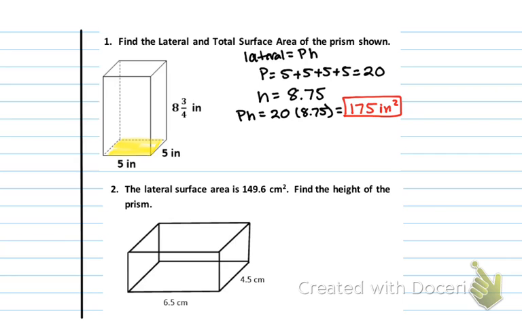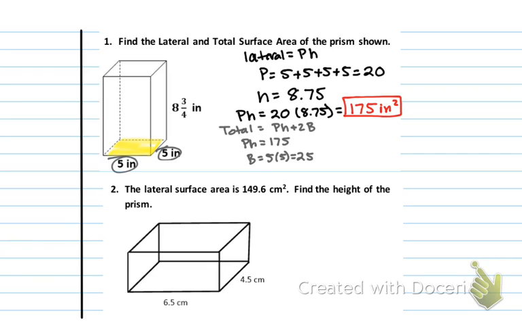For our total surface area, we have pH plus 2b. pH, we already know, is 175. We just found that. And we need to find our big B, our capital B, which is the area of the base. So the area of the base, we have 5 times 5, which is 25.